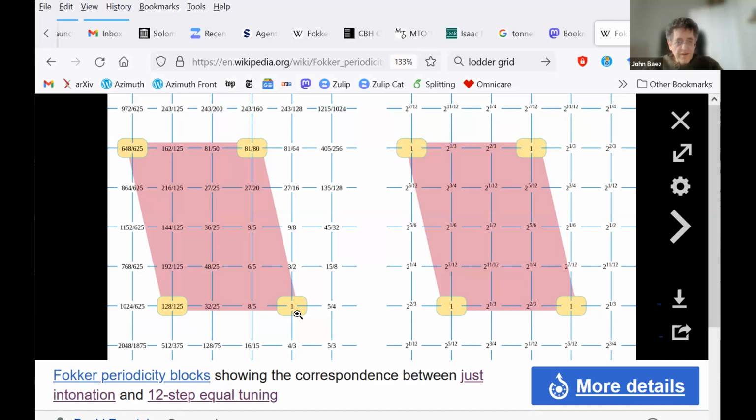In this one they're going up a perfect fifth and an 8/5. What's 8/5? Well, they're not going up by the same amount. It might be a typo or something, but by the vertical steps they're not going up by the same ratio.